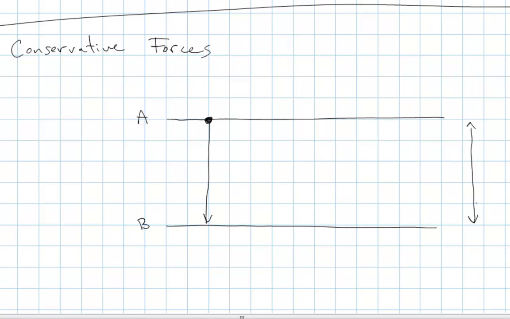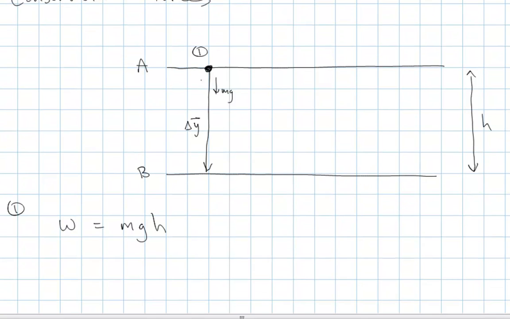We'll call that h. In this first case, the work done is mgh. The force of gravity is down. The displacement is down. I'll call it delta y since we're moving up and down. And so we get mg delta y, or mgh, the distance between the point A and point B.